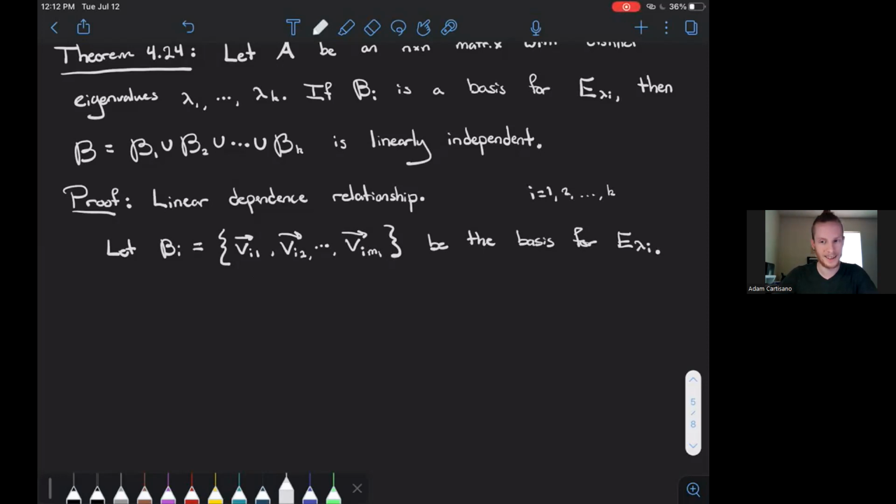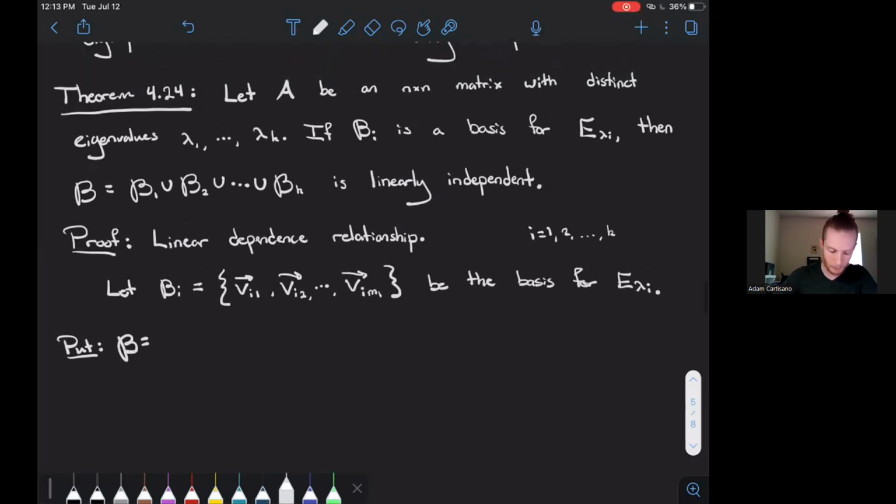Okay. Now, before I do a linear combination, I want to put B equal to the union. In the statement of the theorem, I've said this set B, which is the union of all the bases of the eigenspaces.